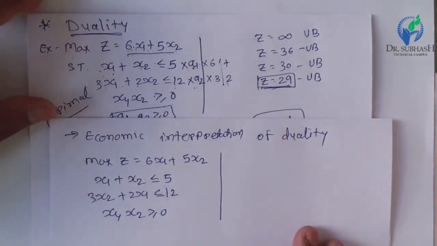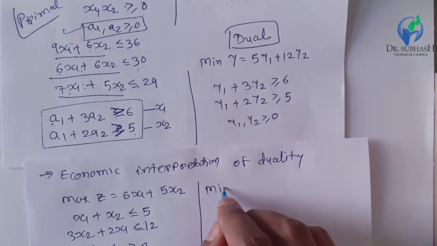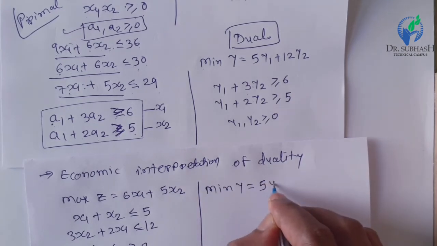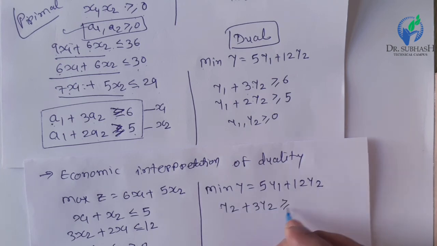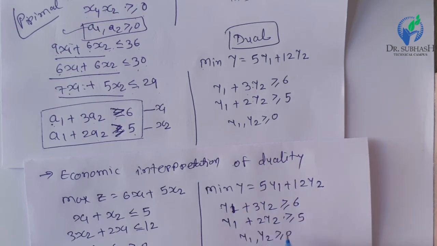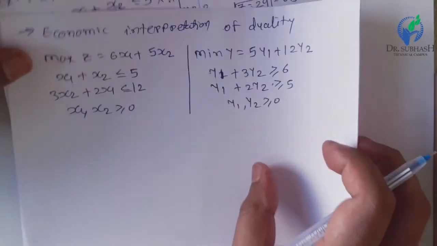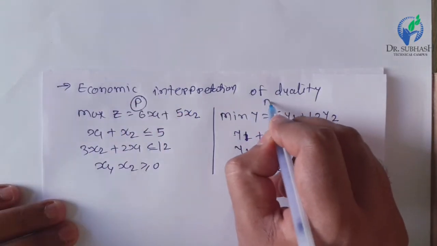This is the primal, and the dual problem is: minimize y equal to 5y1 plus 12y2, subject to the constraints y1 plus 3y2 greater than or equal to 6. Sorry, here y1 plus 2y2 greater than or equal to 5, and y1, y2 greater than or equal to 0. So in this case this is the primal, and this is the dual.